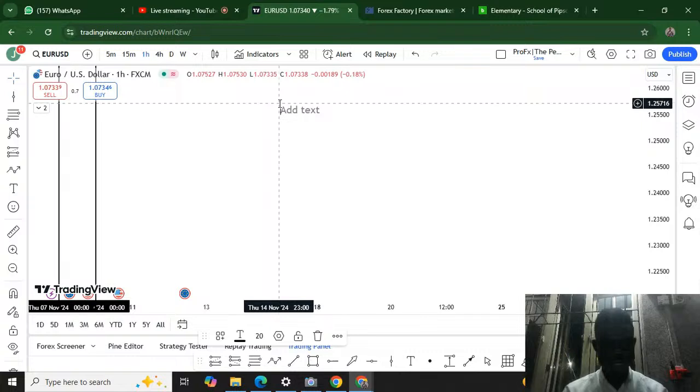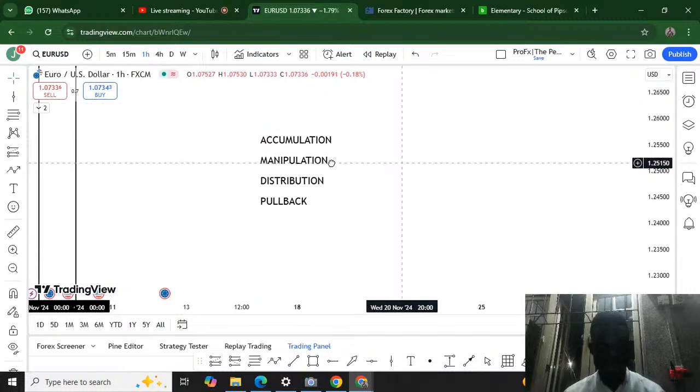So accumulation, manipulation, distribution, and then pullback.